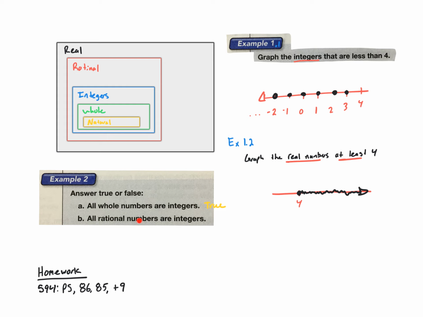B, all rational numbers are integers. All rationals are the red numbers. Well, are some of the rational numbers integers? Yes, they are, but are all of them? No, that is not the case, because 1/2 is a rational number, but it is not an integer. So this one I would say false.